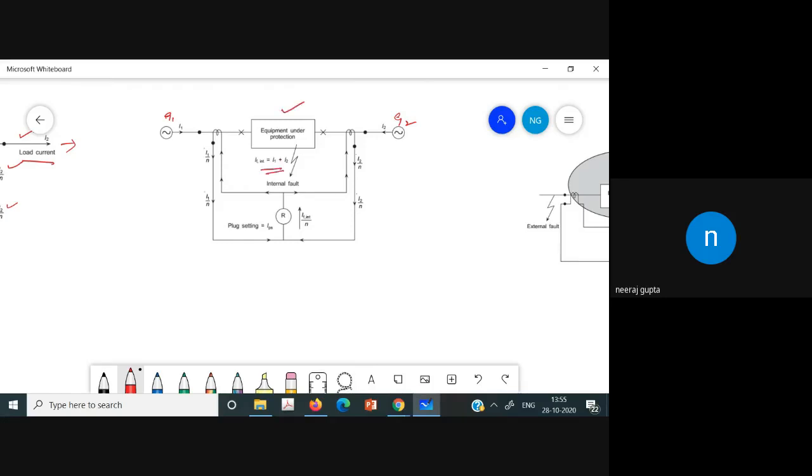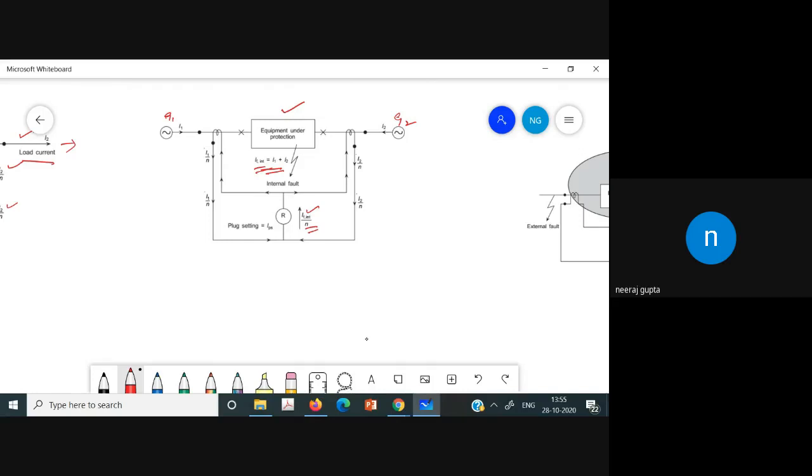This is the equipment under protection. Now you will see that here we will have the I1N, and here we will have the I2N. Now, in this case, IF internal, the fault current internal, is equal to I1 plus I2, and we will see the spill current in this case is IF internal divided by N. N is the transformation ratio.